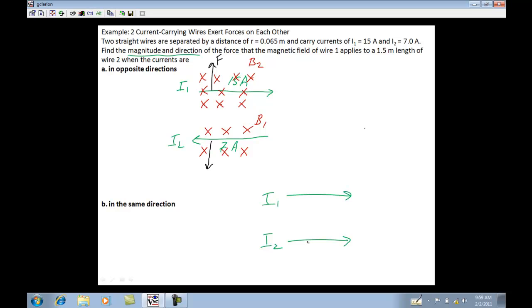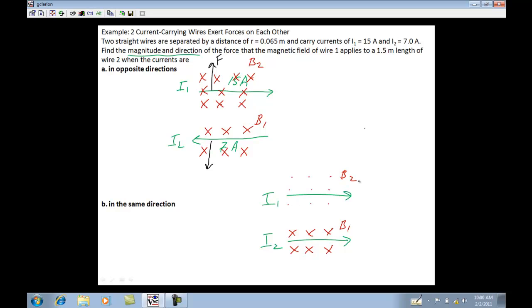Into the paper, so I still have X's there, and these are from B1. What about the magnetic field at I1 from I2? Out of the paper, so I'm going to draw dots, and we'll label those B2.